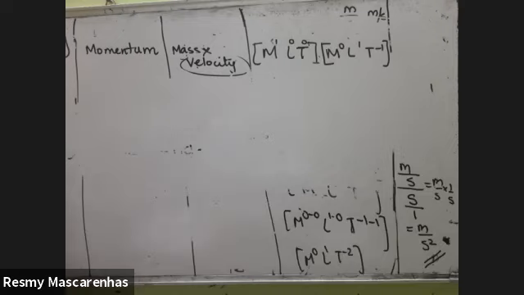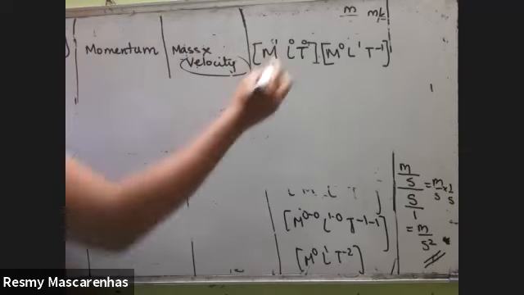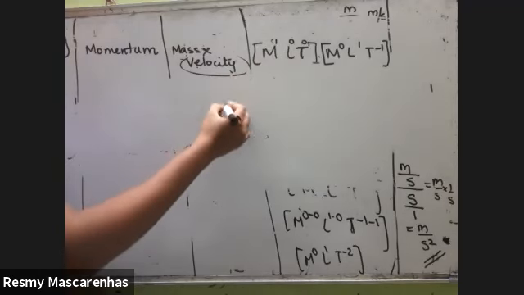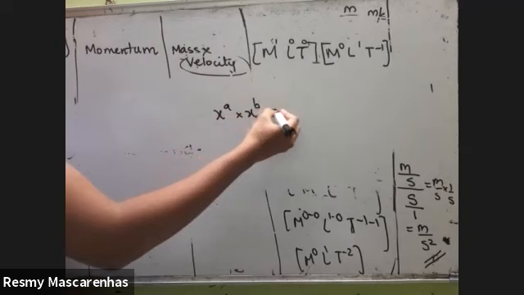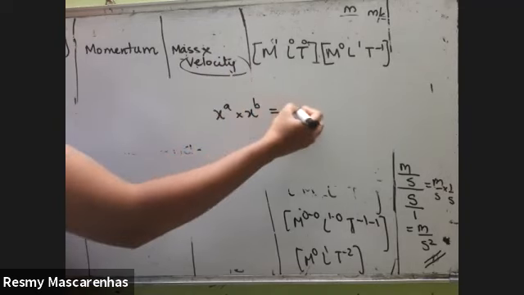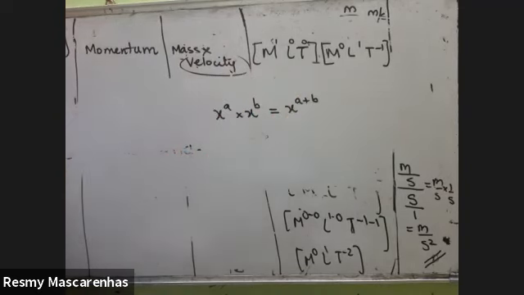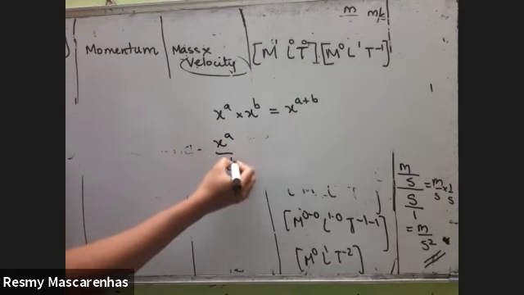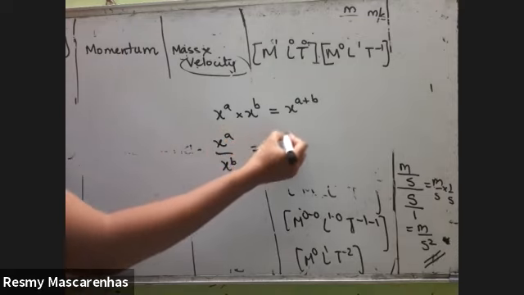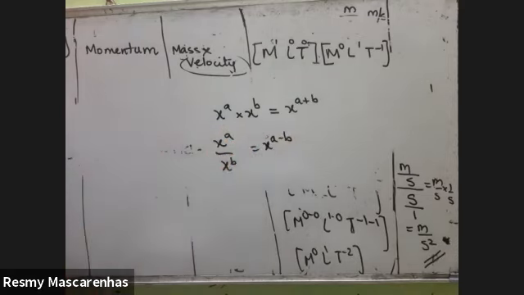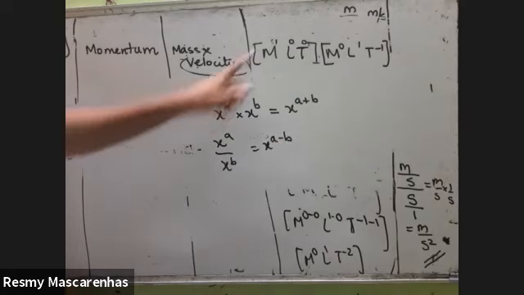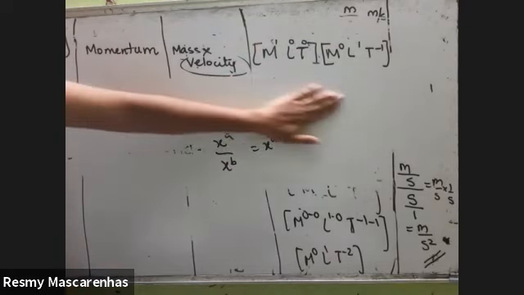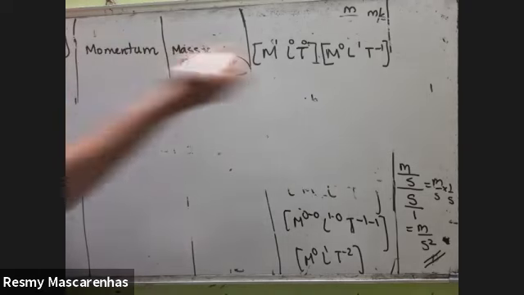Now what is going to happen? Now whenever it's multiplication, powers are always added. Whenever it was division, it was minus. So we have to just add the powers because it is multiplication.